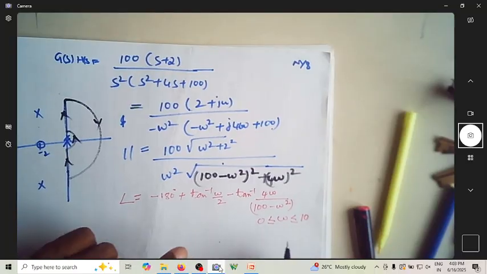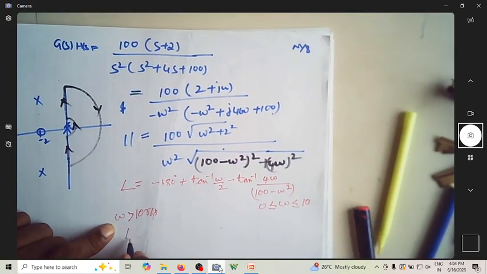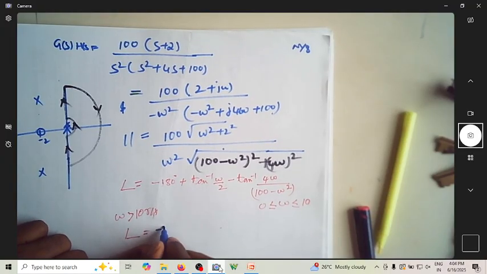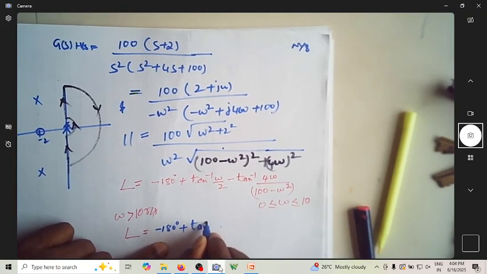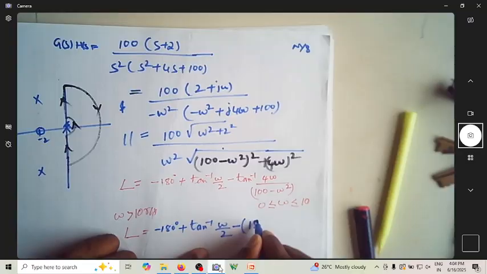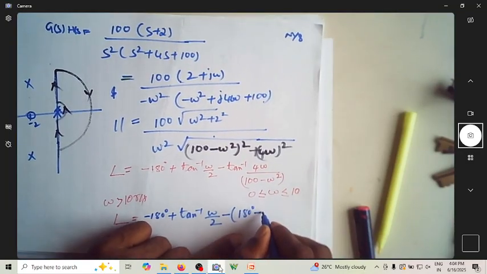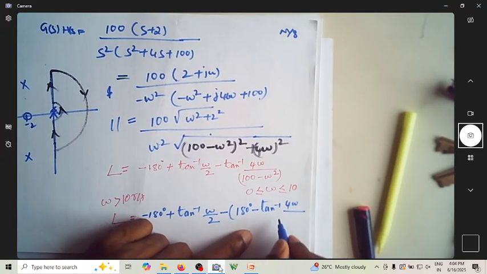For values of omega more than 10 radian per second, the phase angle will be minus 180 degree plus of tan inverse of omega by 2 minus of 180 degree minus tan inverse of 4 omega divided by omega square minus 100.